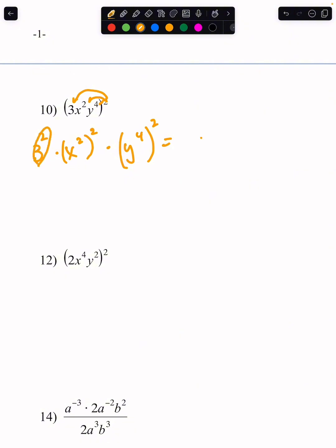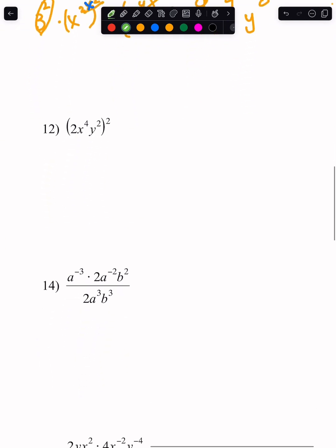X squared, remember, you multiply those two, so that becomes x to the 4th, y to the 8th. Okay. Pretty simple, nothing too crazy. Let's keep going.